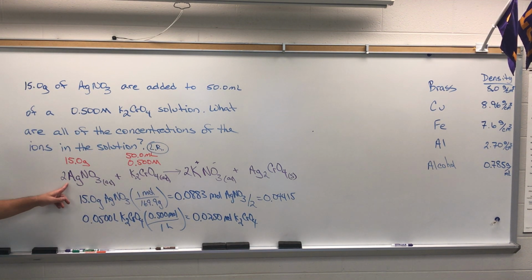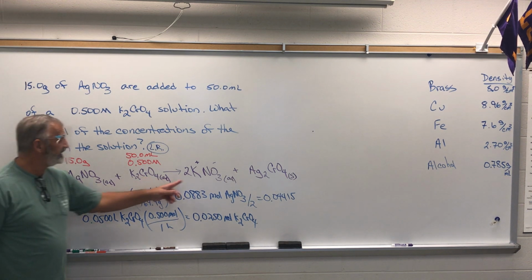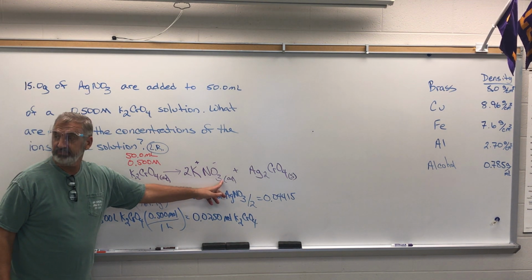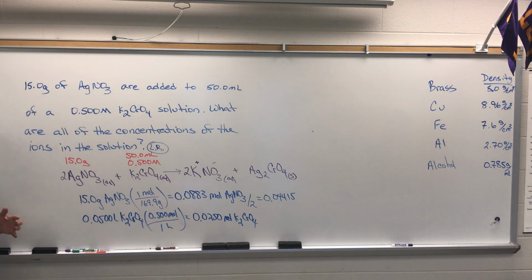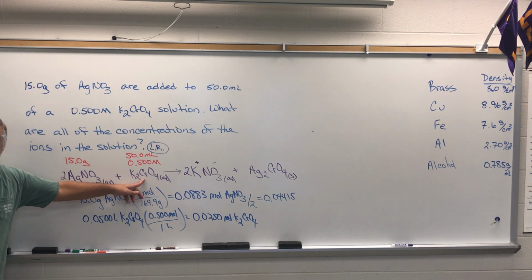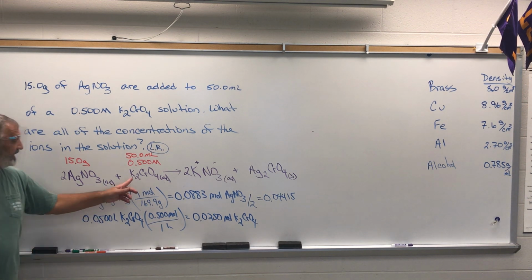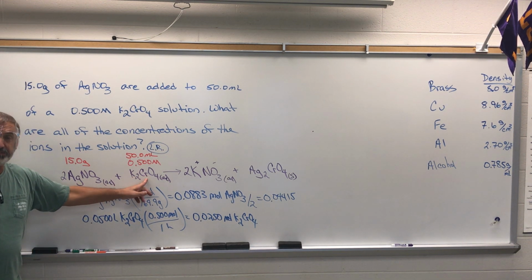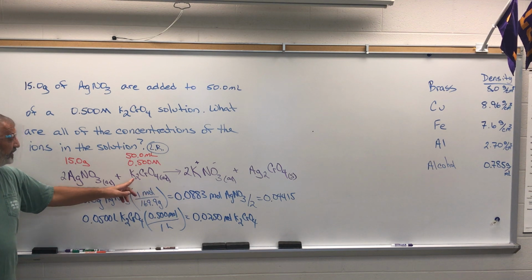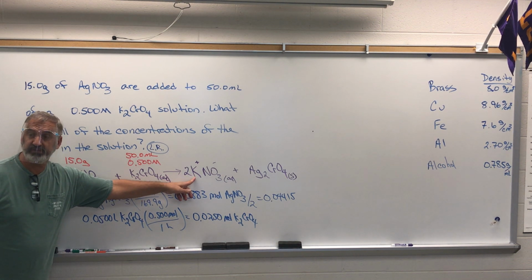Alright, so again, aqueous here, aqueous there. The only thing, what's the one ion that's going to change? Given the fact that this is my limiting reactant, is there going to be any chromate left over? No. There will be potassium still in solution because it's aqueous here.